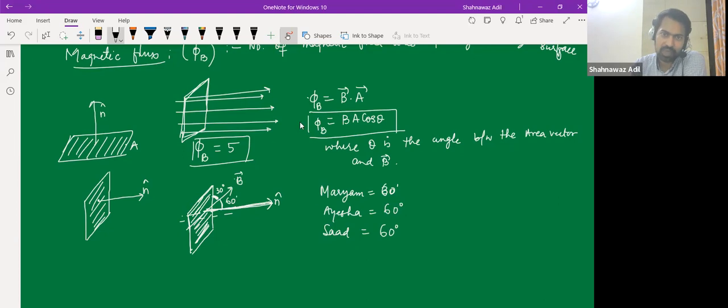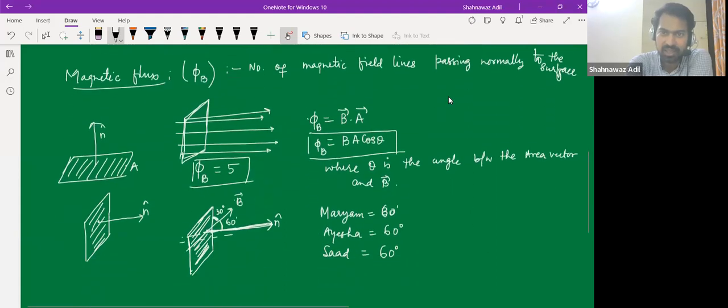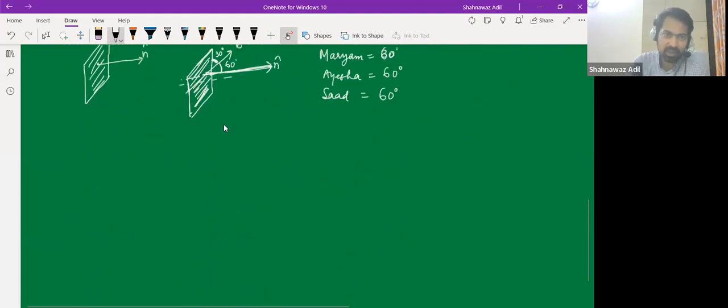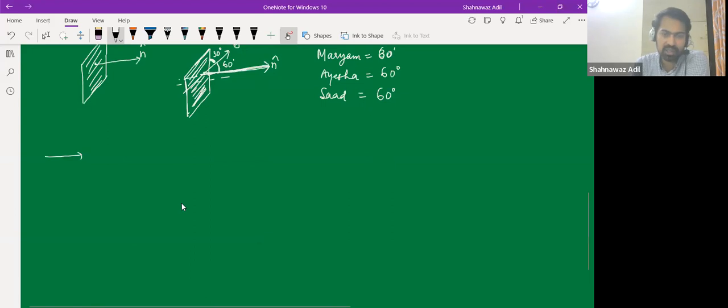Okay, so this was about magnetic flux. What kind of quantity is this? Is it a scalar quantity or a vector quantity? Scalar. So it is a scalar quantity, right?